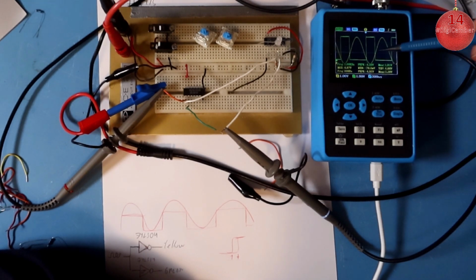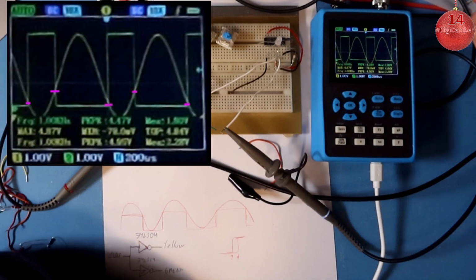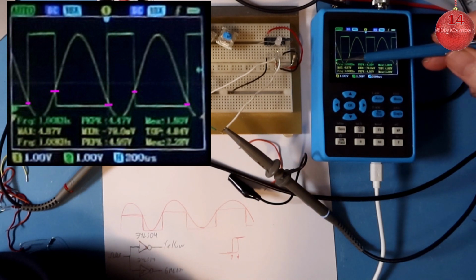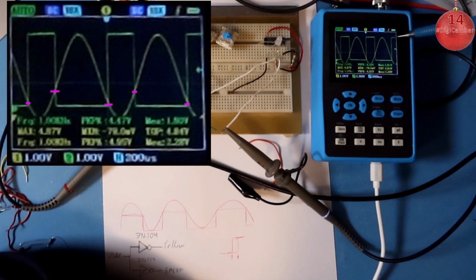If I take the sine wave and increase the amplitude, you can see here it extends below 0, and that's because the offset and the impedance matching is not very good on this. I'm just running this on high impedance on the function generator. But as you can see, it switches on here and off here, and that is what the hysteresis means, and that is why we are getting a perfect square out of this.